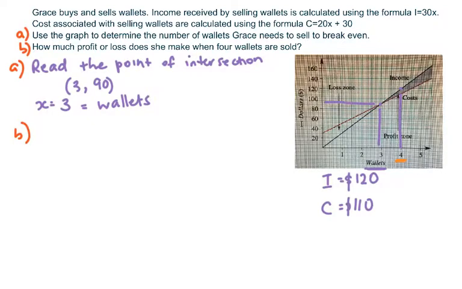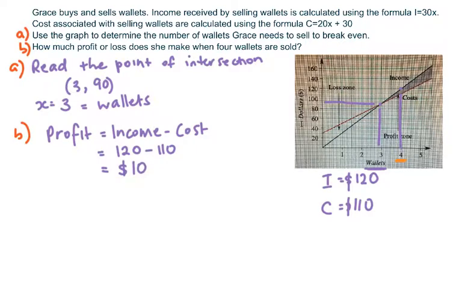If we remember that profit formula, income subtract cost, we can substitute our I value and our C value. Income was 120 and the cost was 110, and if we subtract those, we get $10. So Grace makes a profit of $10 when she sells 4 wallets. This is using the graph to find the point of intersection, the break-even point, as well as the profit.